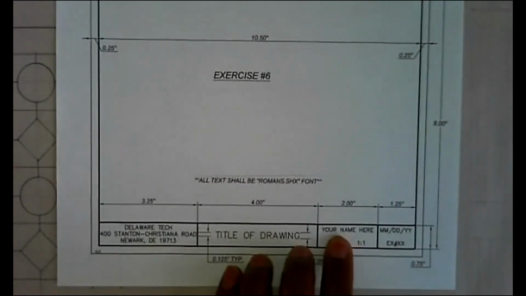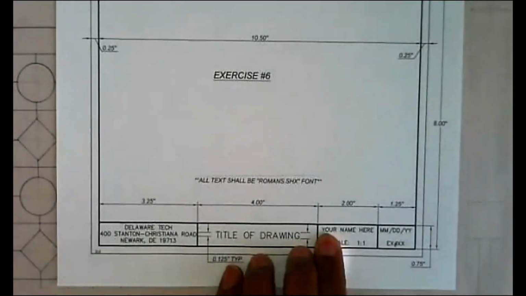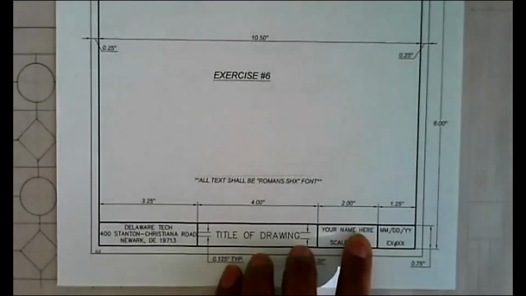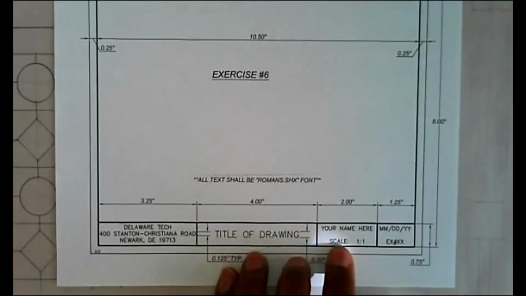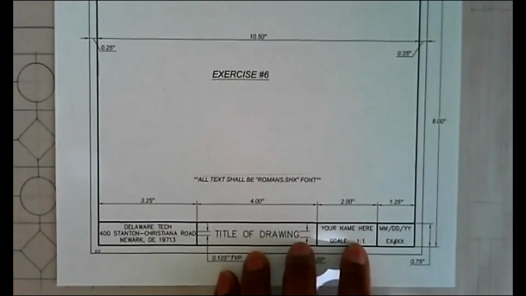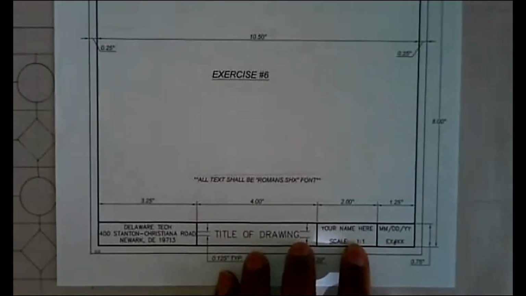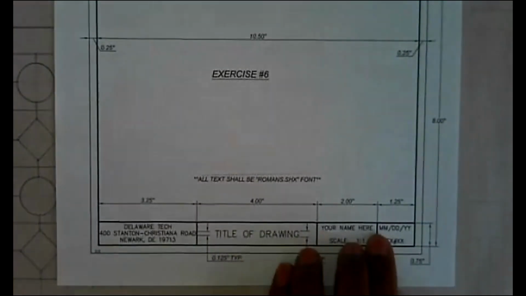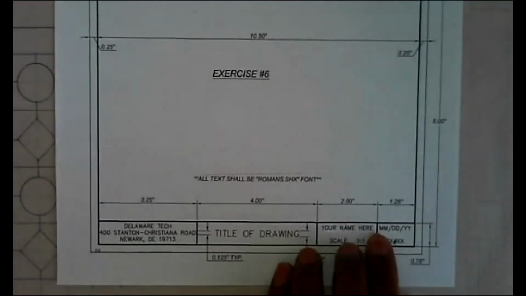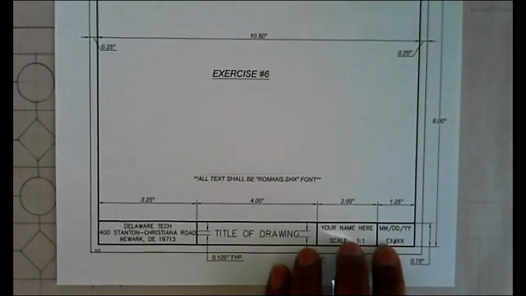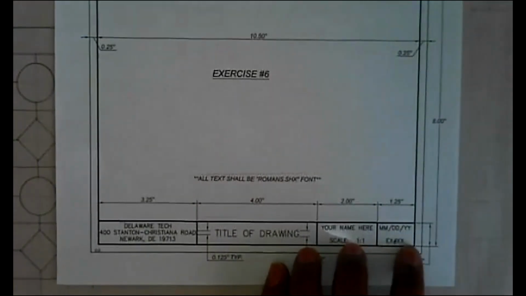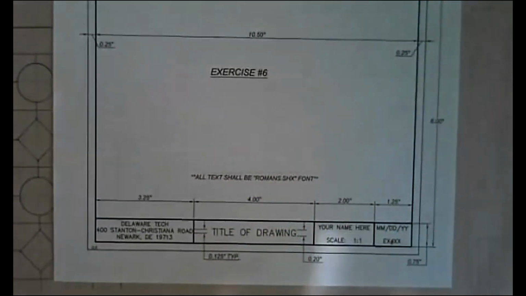Actually, you're going to put your first initial and your last name here. And then we're going to write the word scale, 1-to-1, right? Because we know in AutoCAD, scale is always 1-to-1, true size. And then you're going to write today's date in this format, and you're going to put in EX number XX because that will change as well.